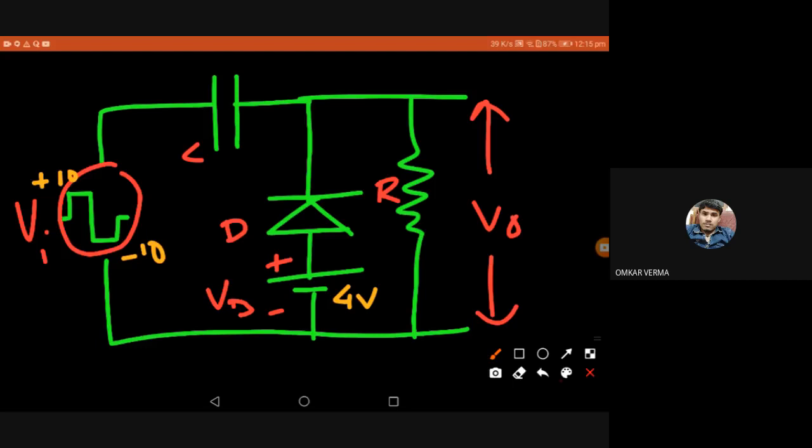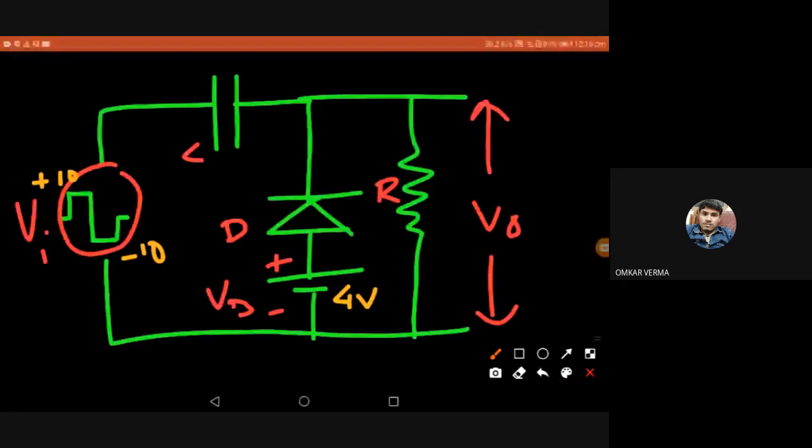Okay, so what happens? So we'll start analyzing. When we start analyzing, what is the important point? Again, we have to start analyzing the circuit with that part of the input waveform or input cycle which forward biases the diode D. Okay, so we know which portion of the input forward biases the diode.